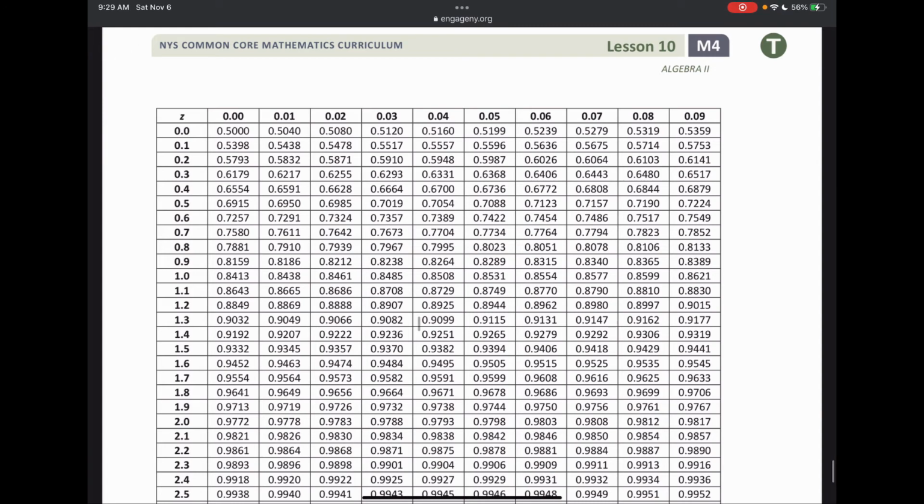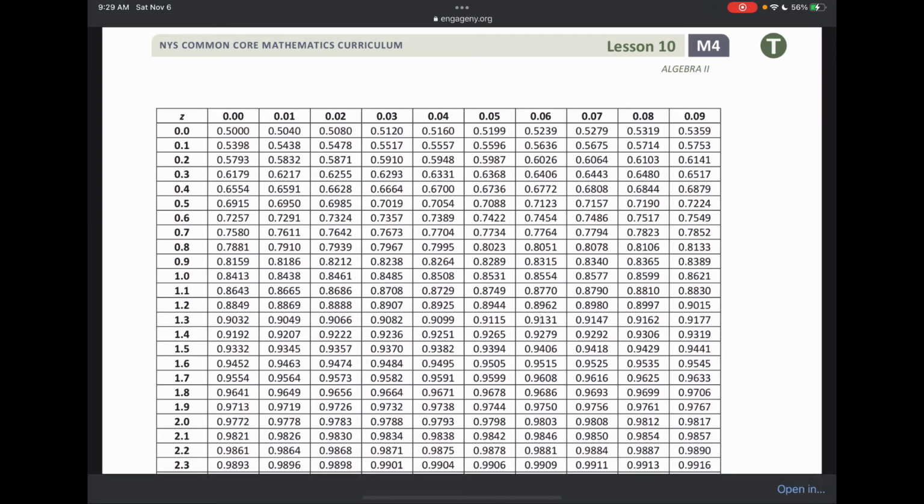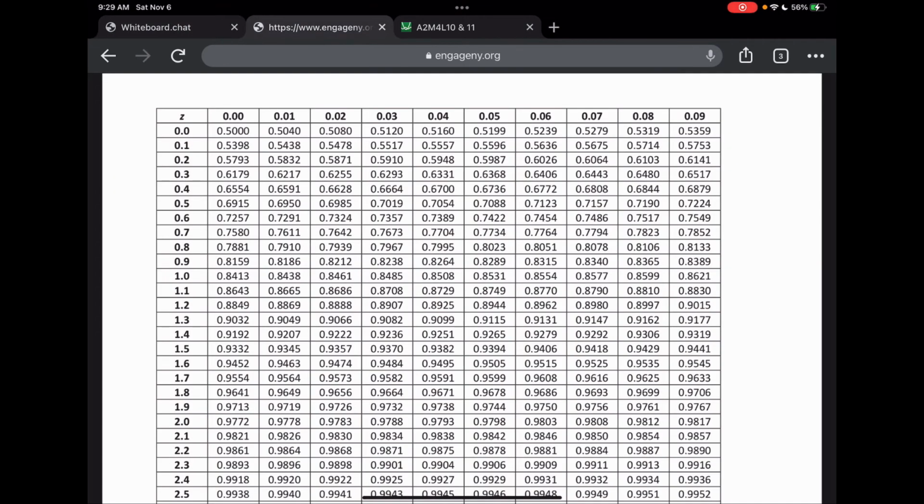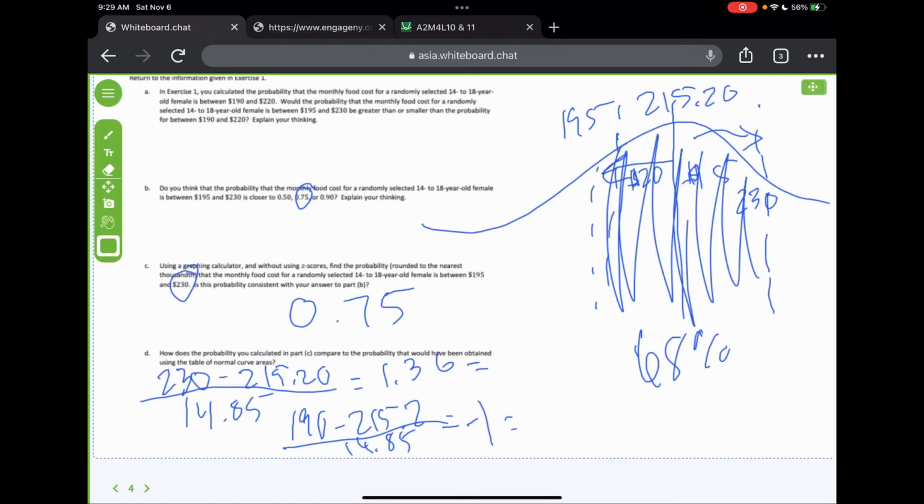I'm not sure what my number was here. 1.36. So if I go to 1.3 and over to the 6, I have 9131. Okay, so let's write that down. 9131.